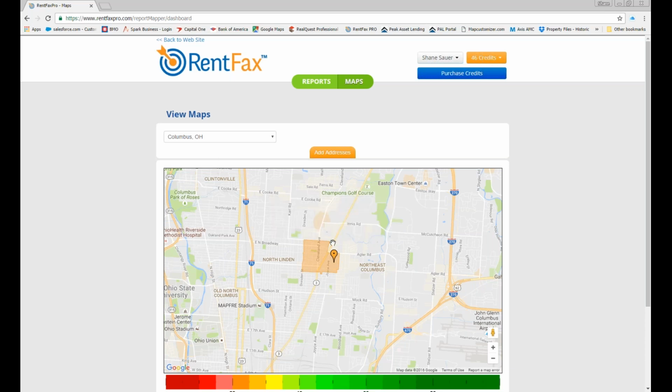If I want to understand or learn about adjoining properties, I can just click on a location, get a random address, and then run that report for that area. And what it will do is start to build a customized heat map for you for the city you're looking at.